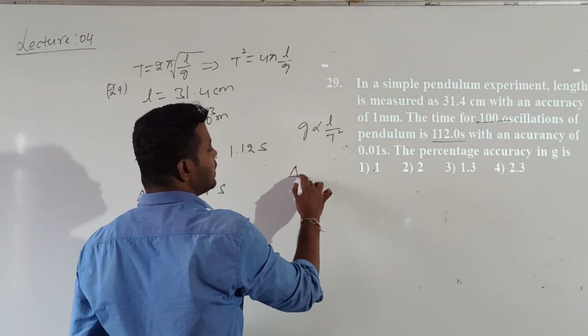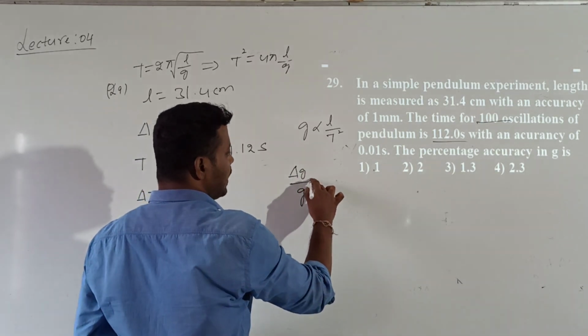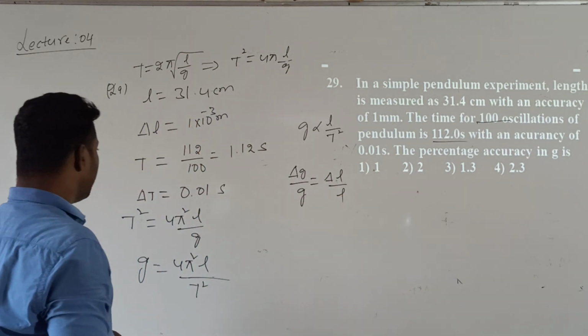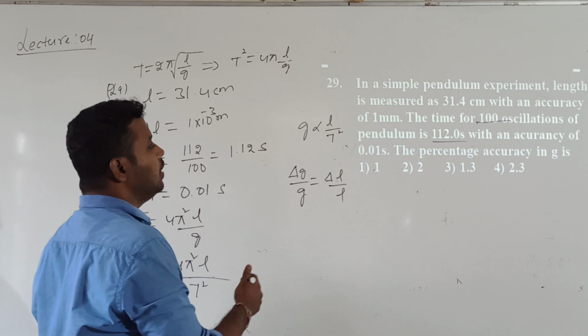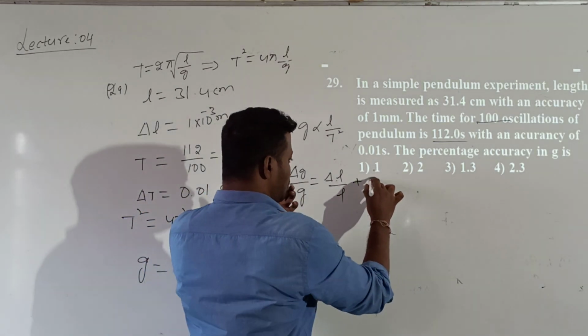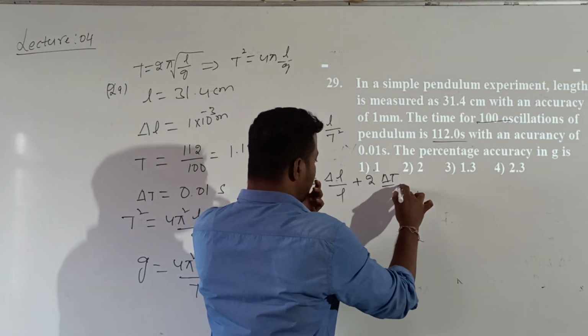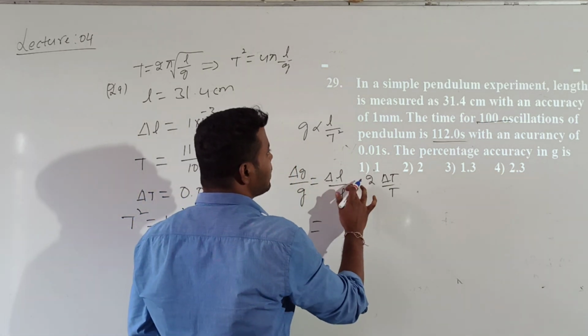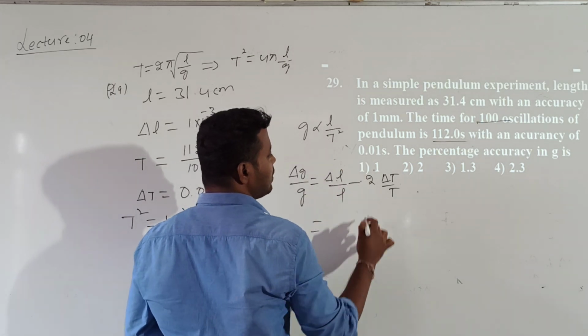So what will I get? Delta g by g is equal to delta L by L plus 2 into delta T by T. What is the value of delta L by L?